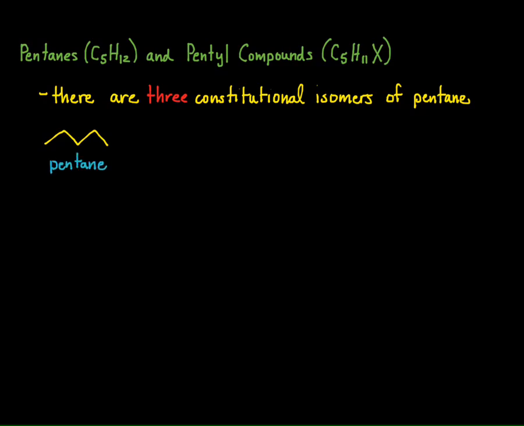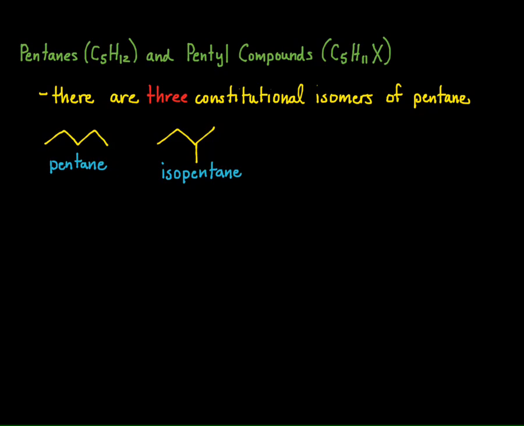Now notice, recall when we were talking about butane, butane had two different types of carbons. They had the methyl groups and the methylene groups. So I can add a methyl group to one of the methylene groups of butane, and I get an isomer of pentane, which we call isopentane.